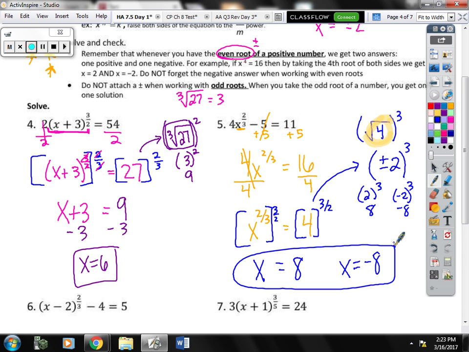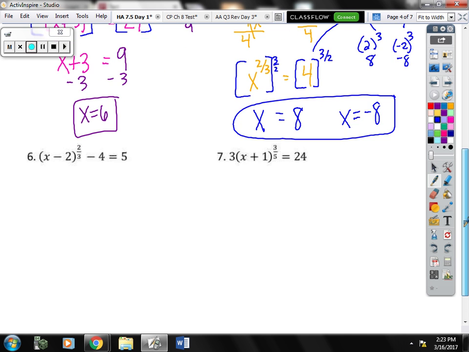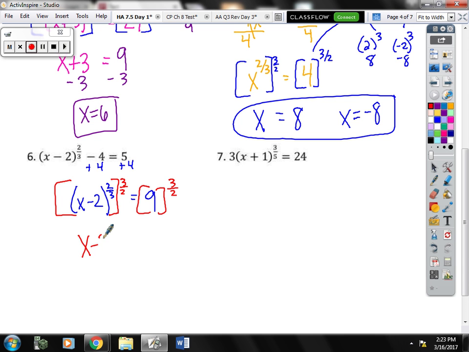Now, I would like to get to number 6 because the answer does have a positive and negative, but the answers are different. That's because it has a parentheses. So for this one down here, we would add our 4 to get 9. Then we'll raise both sides to the reciprocal power, which is our 3/2. So we'll be left with x minus 2.